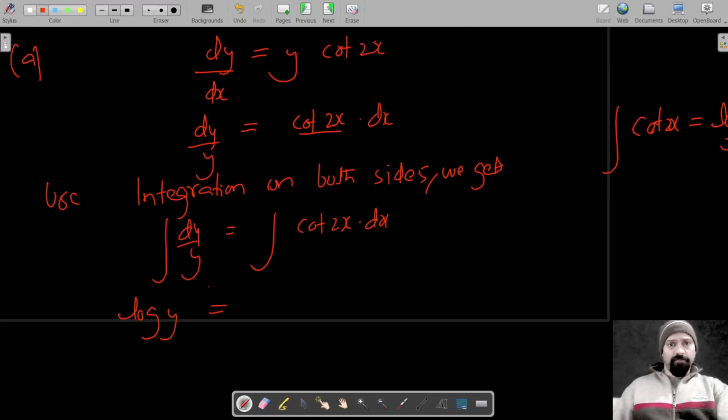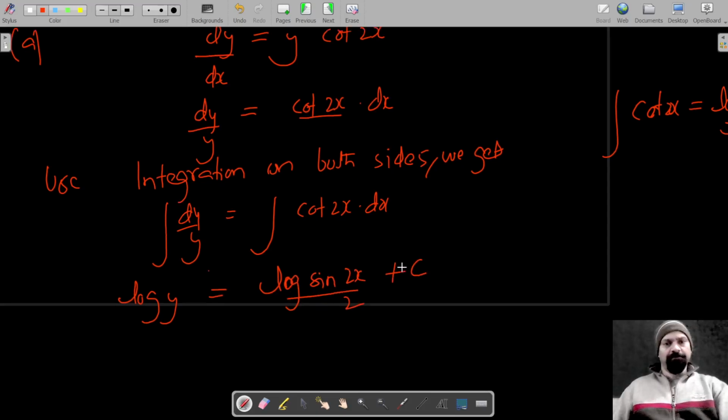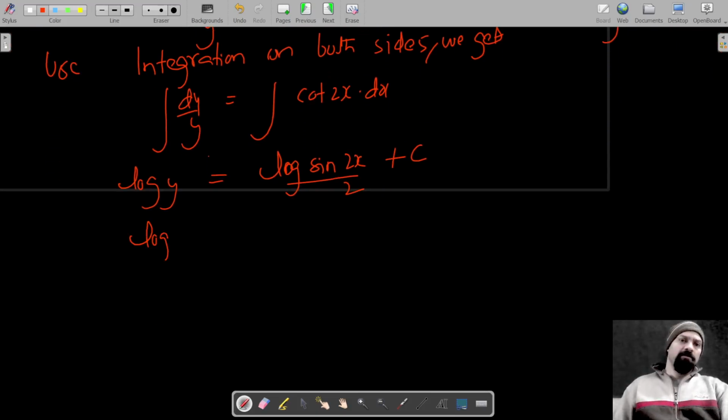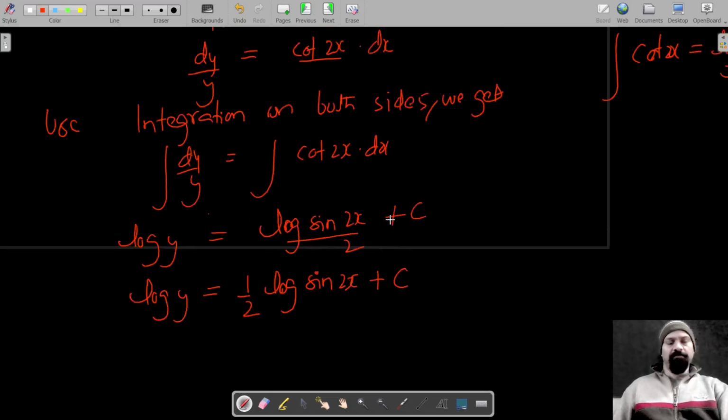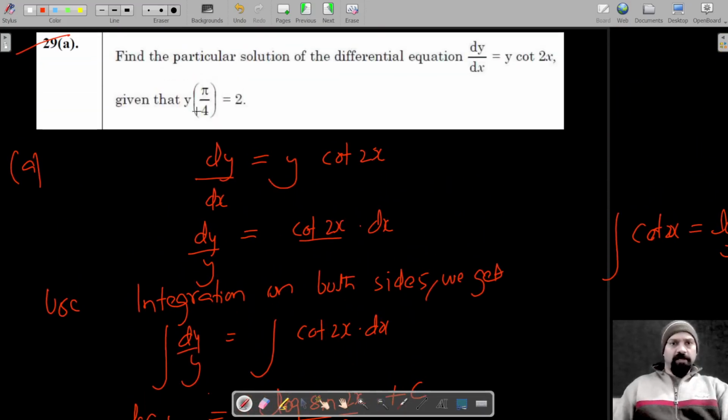So this is log of sine 2x divided by 2 plus c. So log y is equal to half log of sine 2x plus c. Now it's given that y for pi by 4 is 2.